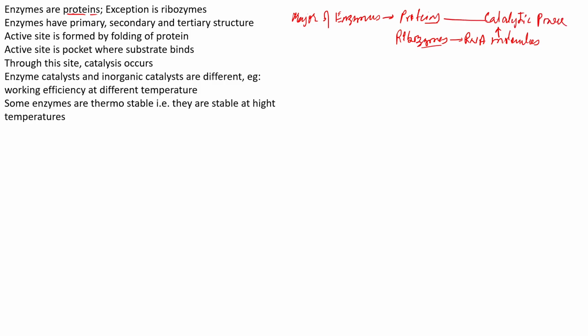So similarly, even proteins also show this catalytic power. So what do you mean by catalytic power? That is forming and breaking the bonds. That is what we mean by the catalytic power, right? So ribozymes are the RNA molecules which show an exception to this particular rule. And an enzyme which can also be called a ribozyme is the ribosome.